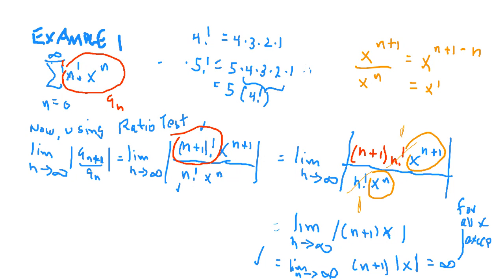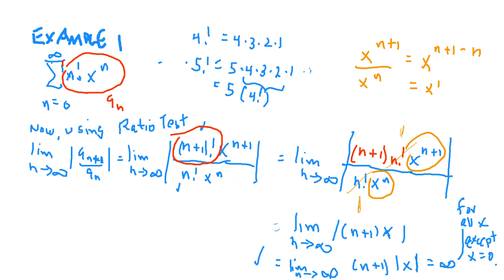Infinity for all x, except x equals 0. If x equals 0, then you'd have n plus 1 going to infinity multiplied by an actual 0. And that's not indeterminate. That equals 0.